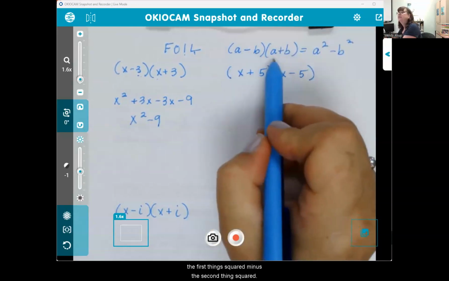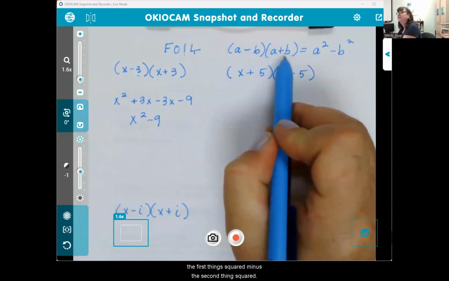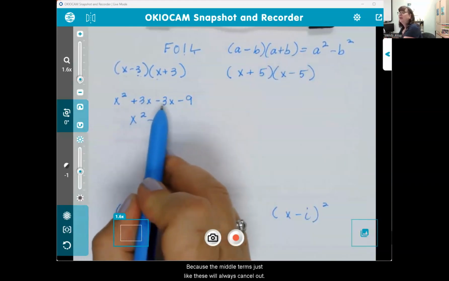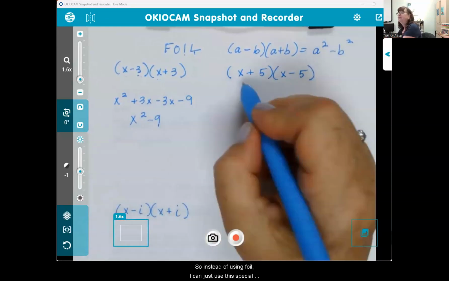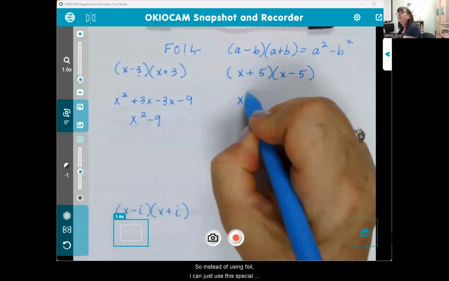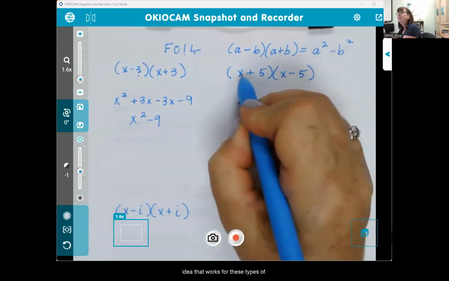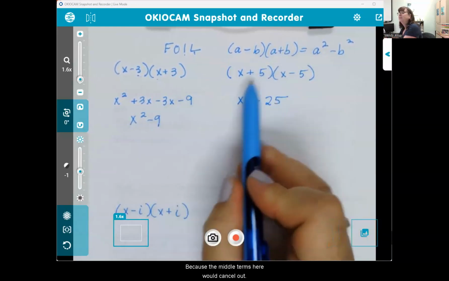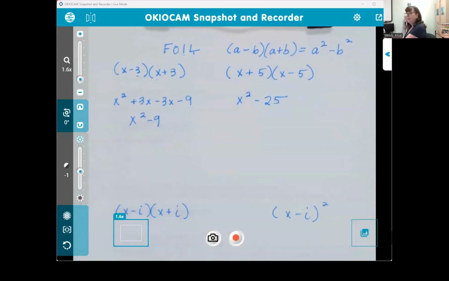The first thing squared minus the second thing squared, because the middle terms, just like these, will always cancel out. So instead of using FOIL, I can just use the special idea that works for these types. And this will be x squared minus 25, because the middle terms here would cancel out.